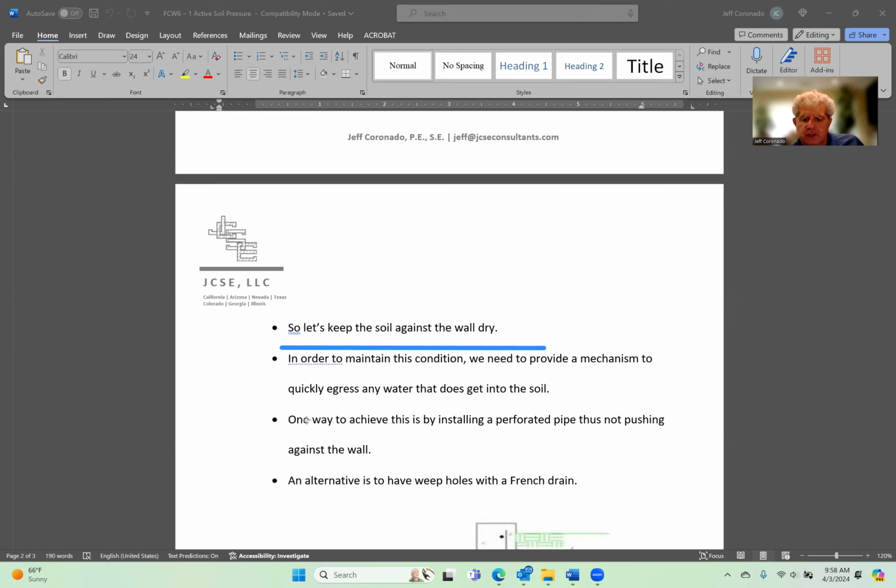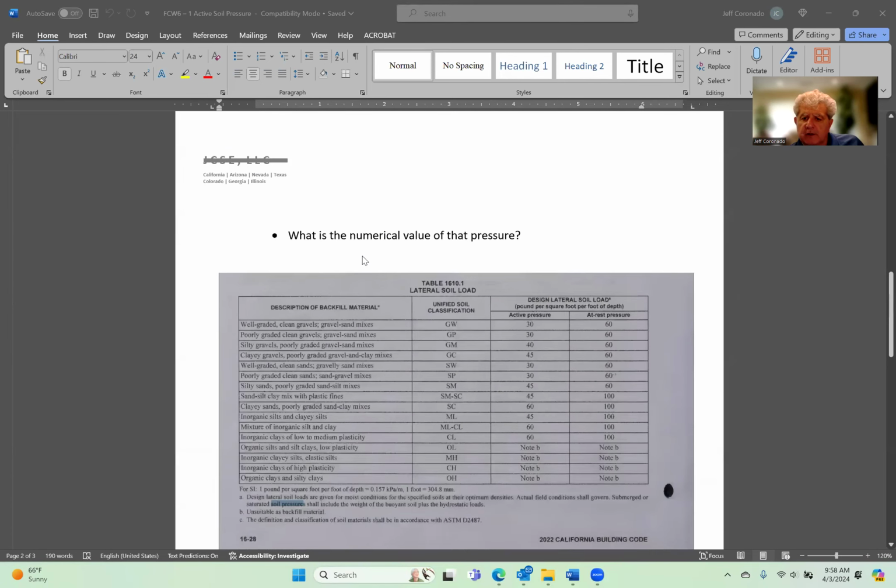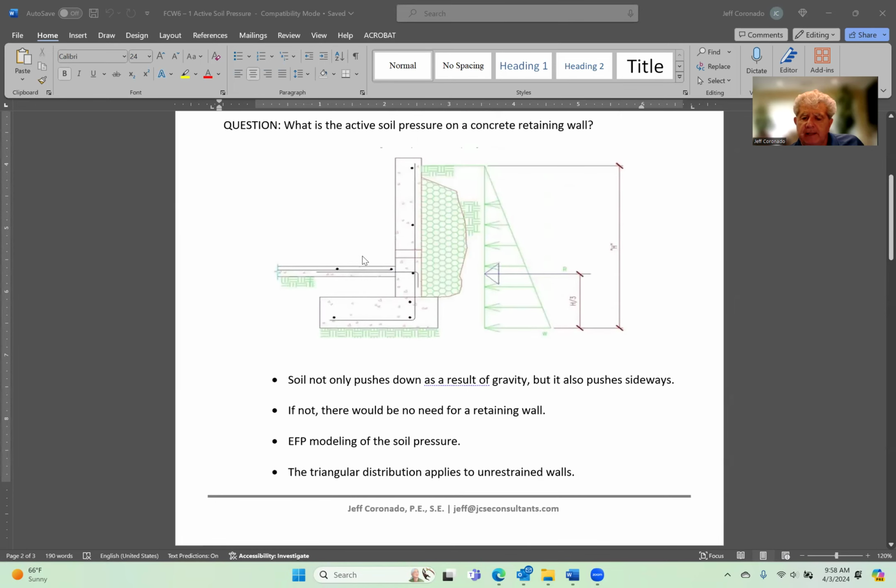One way to achieve this is by installing a perforated pipe. All right, what do we mean by that? One of the ways we can egress water is by placing a pipe, usually a PVC pipe, with little holes in it. That's why we call it perforated.